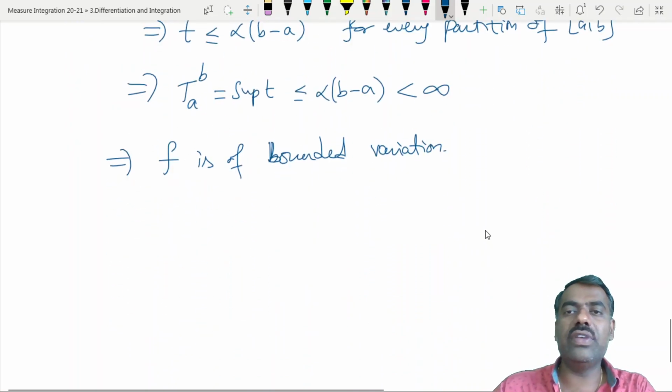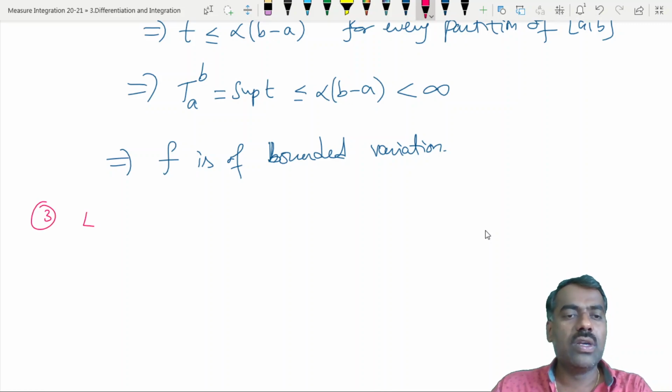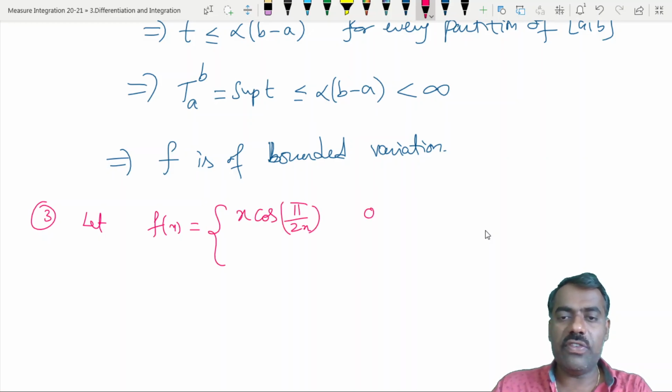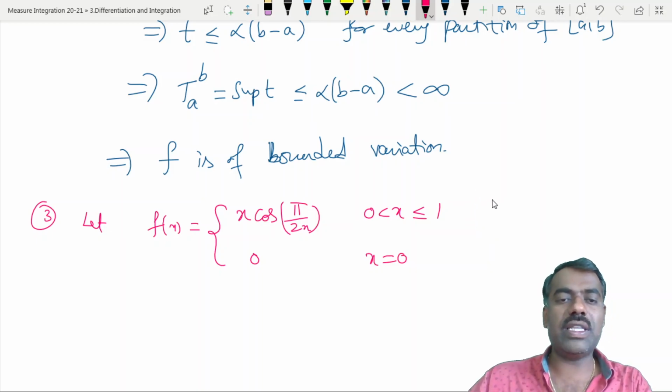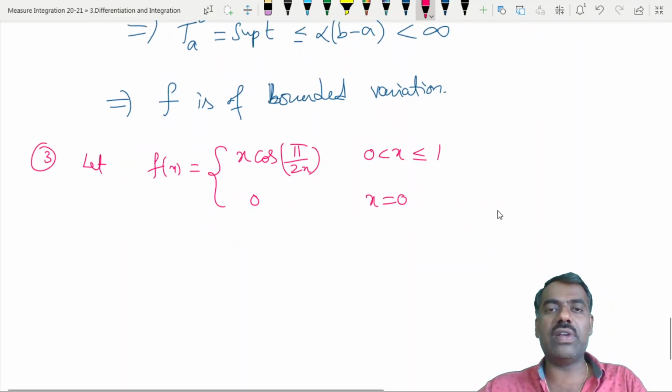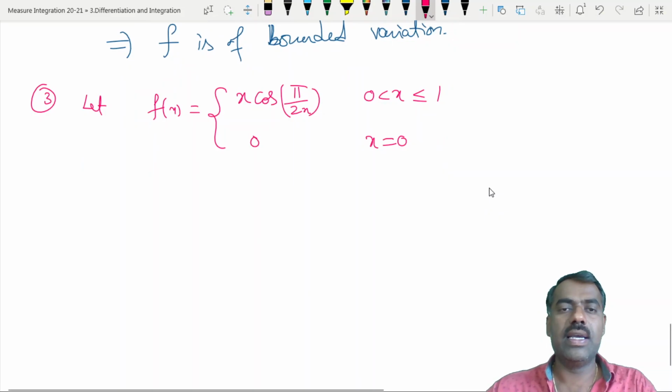In other words, we give an example of a function that is not of bounded variation. Define f of x as x times cos of pi by 2x if x is strictly greater than 0 and less than or equal to 1, and 0 if x is equal to 0. That means we have defined f on the closed interval 0 comma 1 like this.